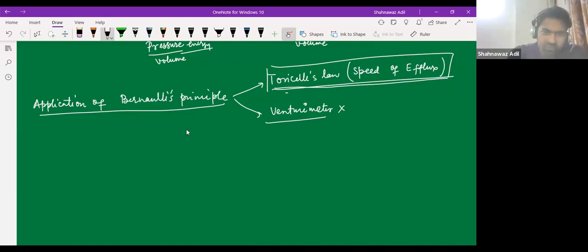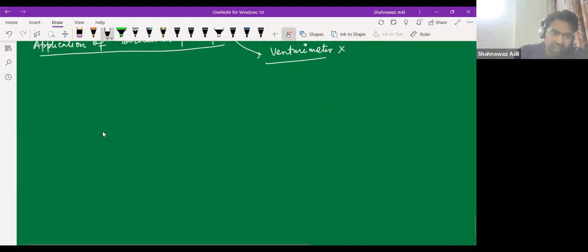Let's say all of you have those water tanks at your rooftop, right? And then you have a pipe beneath that tank, at the bottom, with a hole, and from that hole the water flows out.